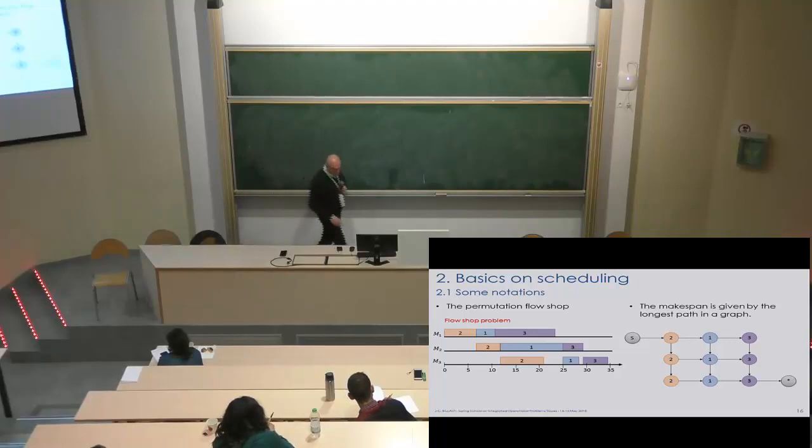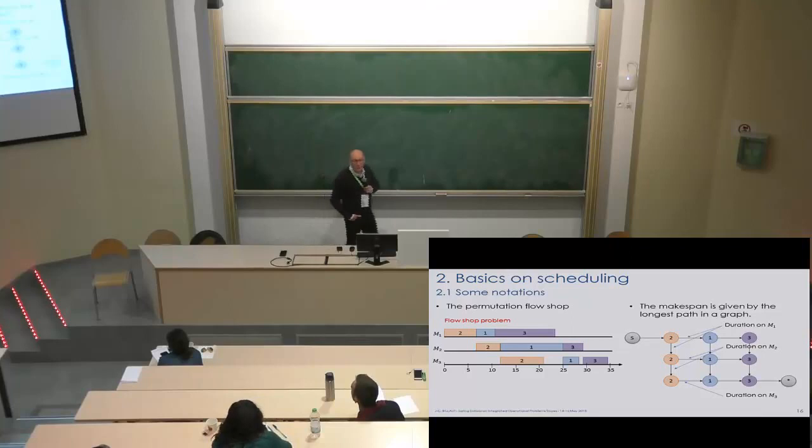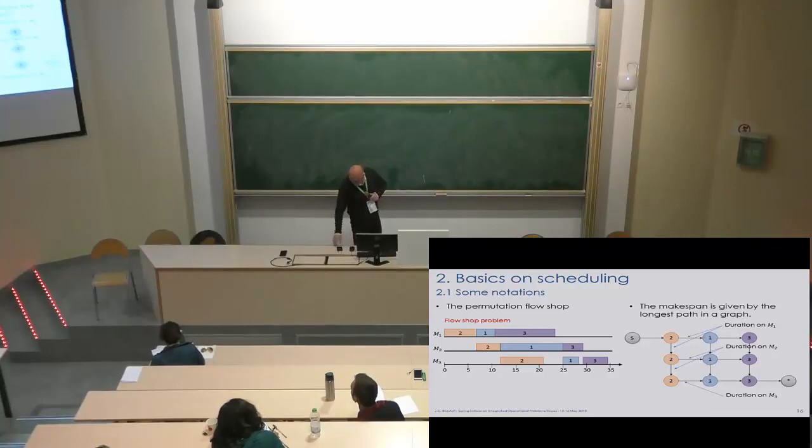If you associate to the arcs the durations of the operations, computing the longest path in this graph is equivalent to finding the starting times of the operations, and so the makespan of the schedule. So computing the makespan of a schedule in a flow shop, in any schedule in fact, is equivalent to computing the longest path in a graph. Any question up to now?